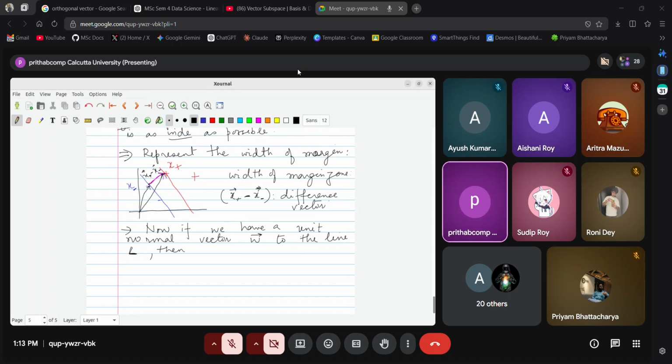Then the dot product of W with the difference vector will give me the width of the region.